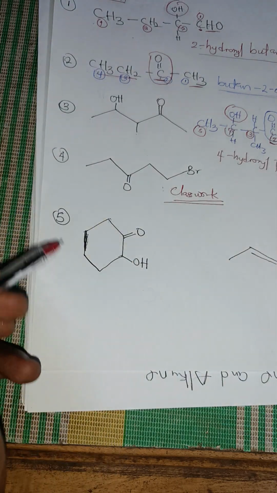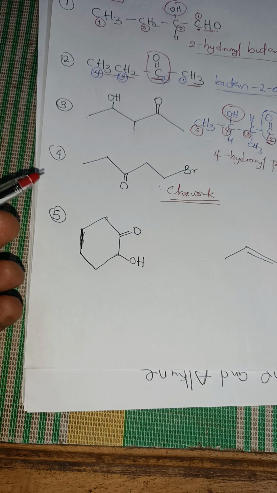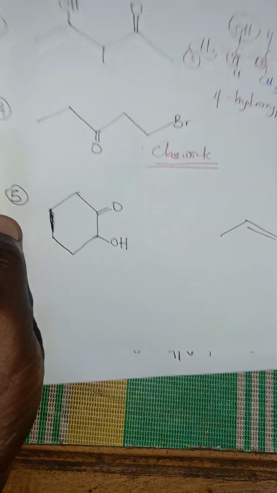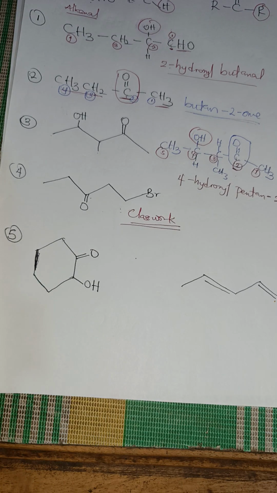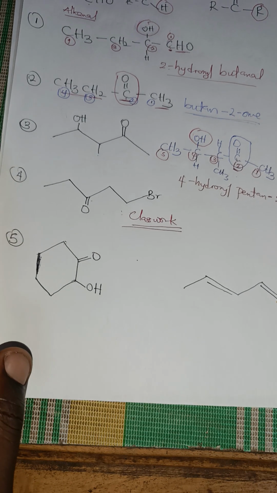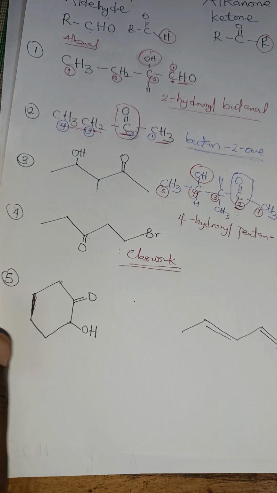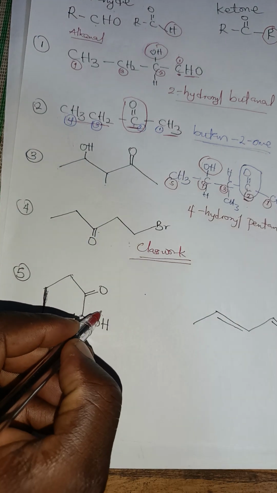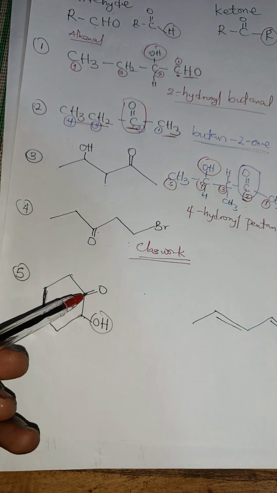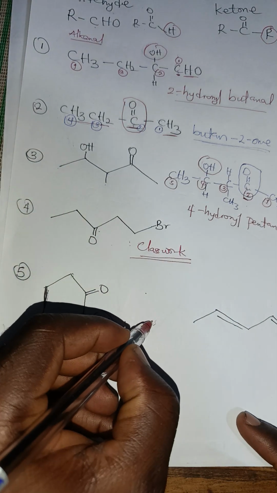Now this is a cyclic. Anytime you have a cyclic, you should know that it is going to bear the name cyclo. So how do I name this guy? So easy to name. So if I want to name this guy, I say yes, OH, and this is double bond O. Now which functional group is this?